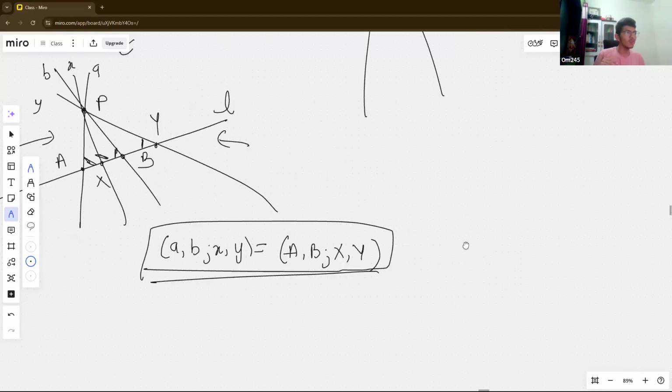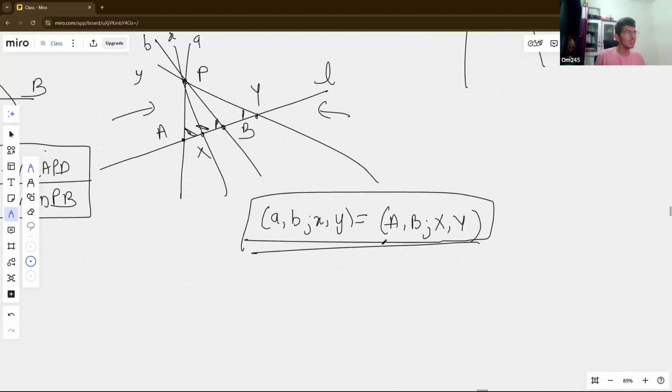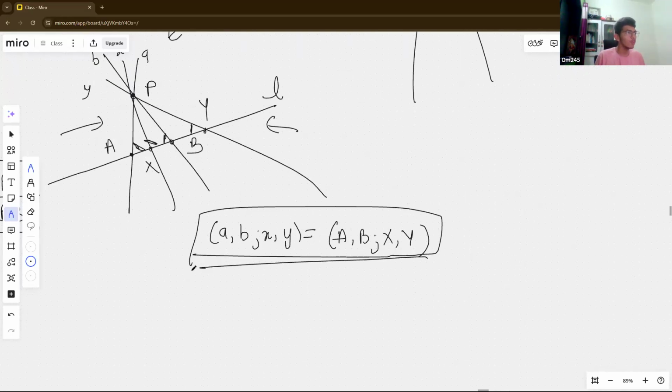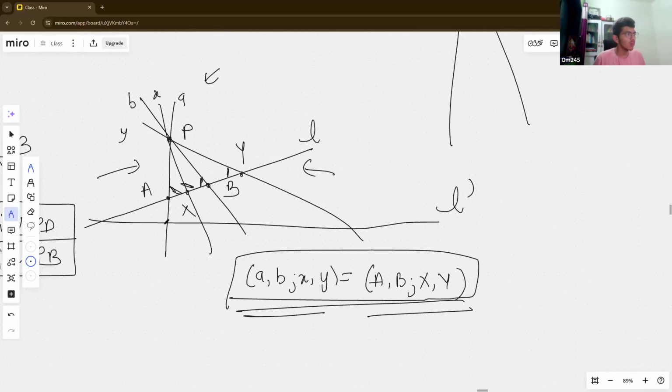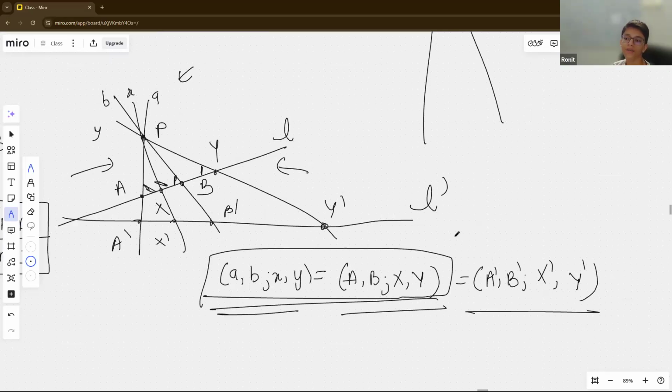So what can you say more about this cross ratio? This cross ratio is equal to this. If you consider any other line L dash, and other intersections X dash, B dash, Y dash, then this cross ratio will also be equal to the cross ratio of the dashed points, basically for all lines intersecting these 4 lines.